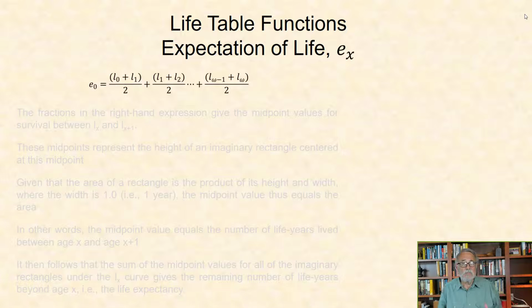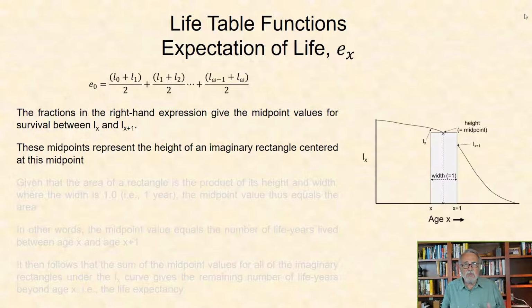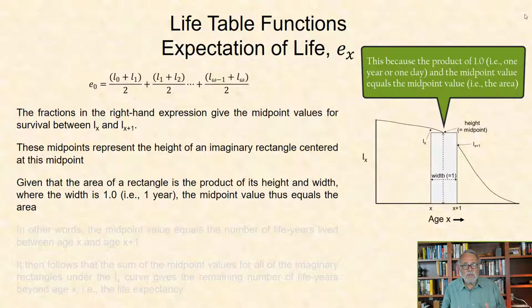The fractions in the right-hand expression give the midpoint values for survival between lx and lx plus 1. These midpoints represent the height of an imaginary rectangle centered at this midpoint. Given that the area of a rectangle is the product of its height and width, where the width is 1, that is 1 year or 1 day, the midpoint value thus equals the area.